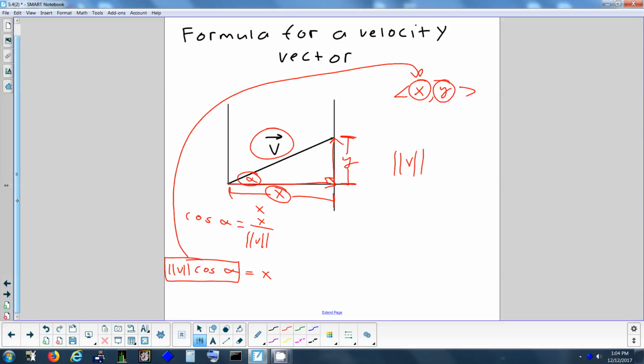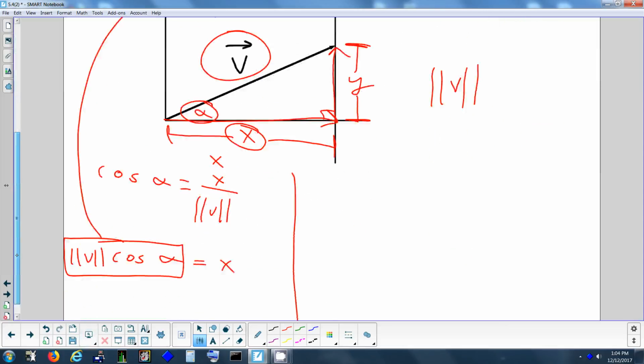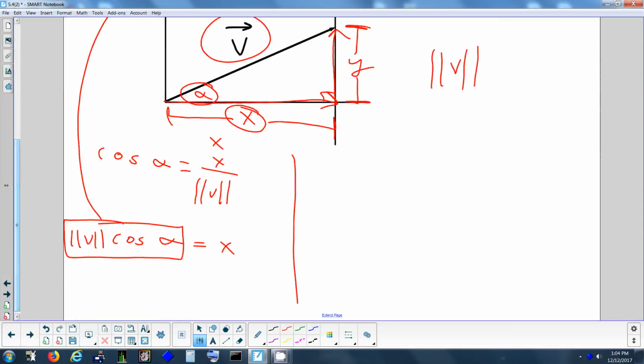And now we're going to do the same thing for y. What trig function do you think I could use to find y? Sine. Sine of alpha equals, what's sine again? What over what? Opposite over hypotenuse. So opposite in this case would be, how much?